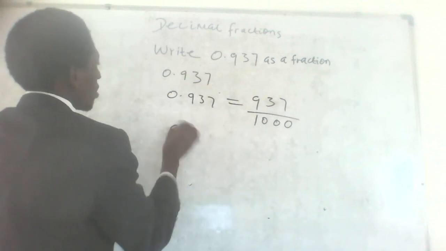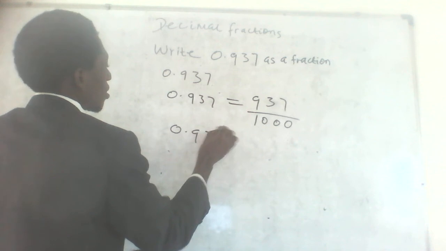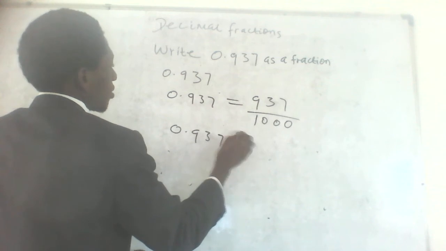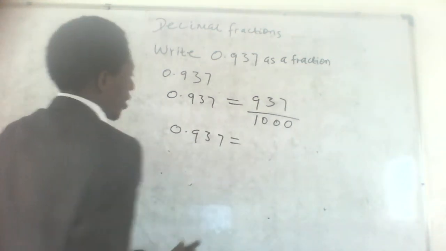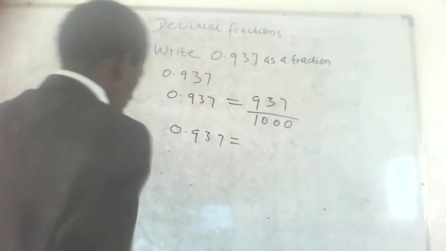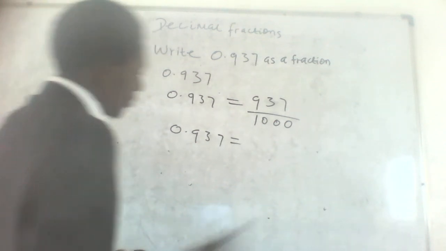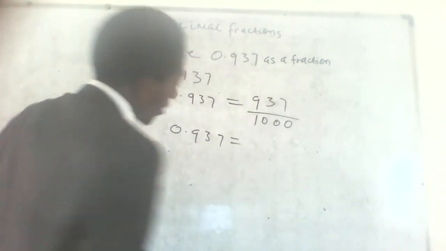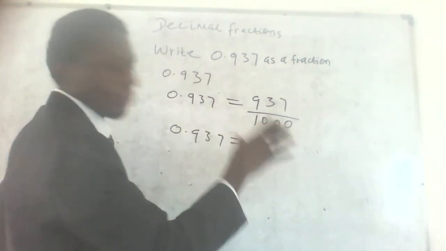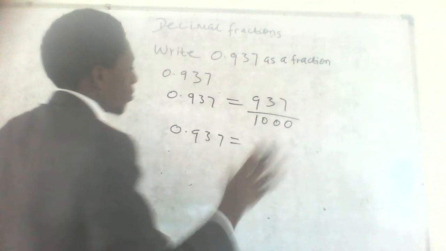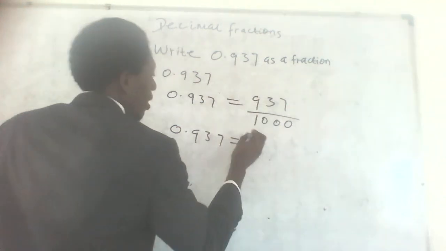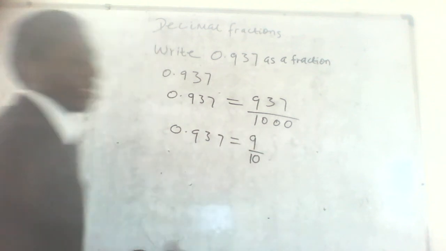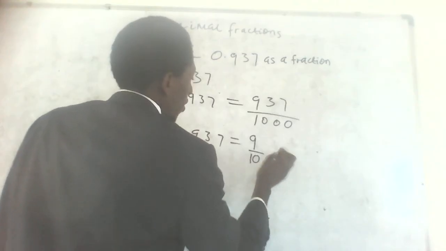Let's say this is 0.937, and I want to write it as a fraction. Well, remember that we have 10, then we have 100, then we have 1,000. So if you are working with fractions, you have to remember those things. This 9 here stands as 9/10, and then we have 3 here.